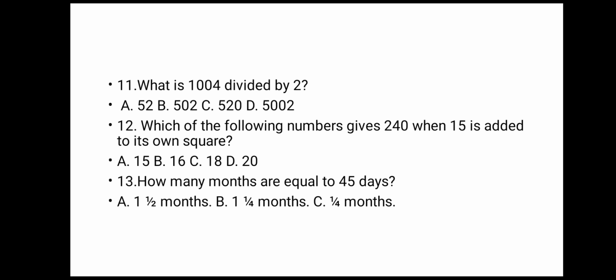You have 10 seconds. 10, 9, 8, 7, 6, 5, 4, 3, time up. Did you get the answer? Okay. Then what's the answer? 15. Do the square of 15. 15 squared is 225. If you add 15 to it, you will get 240.